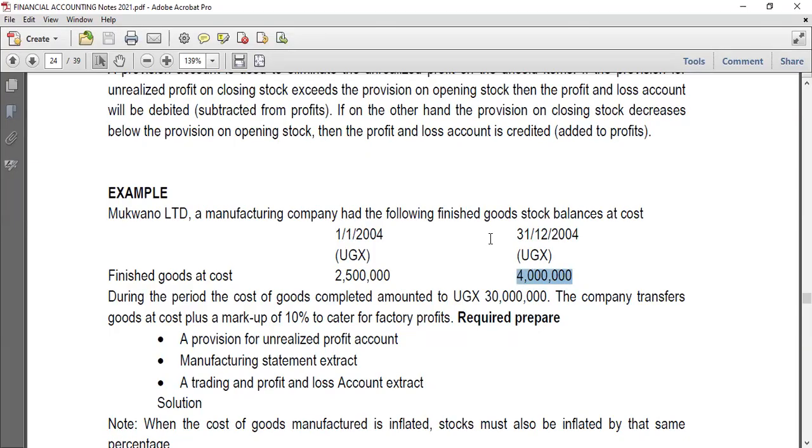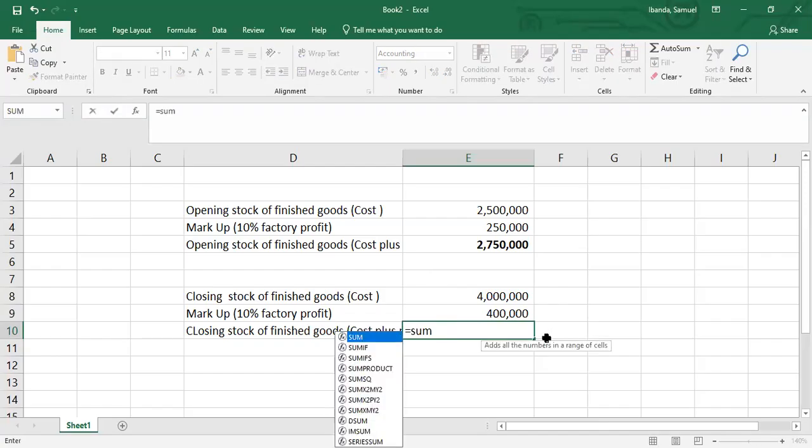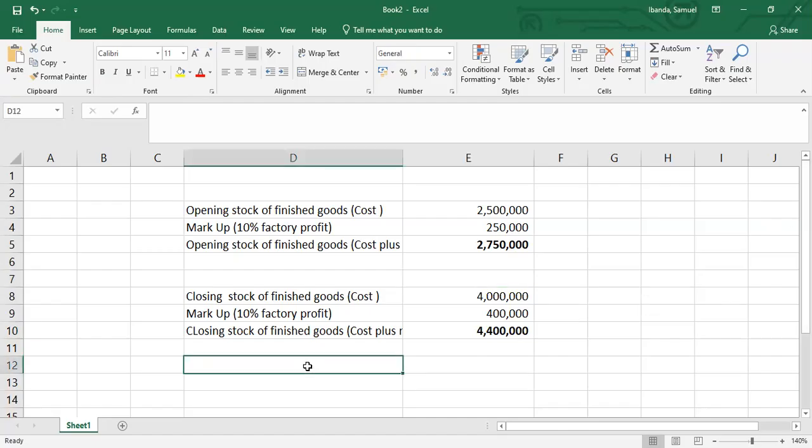So I'll pick my 4 million and drag it right here and do the same thing, okay? So I'll get 10% of this, times 0.1, which gets me 400. And then we add this together to become 4.4, okay? So that is what we have.